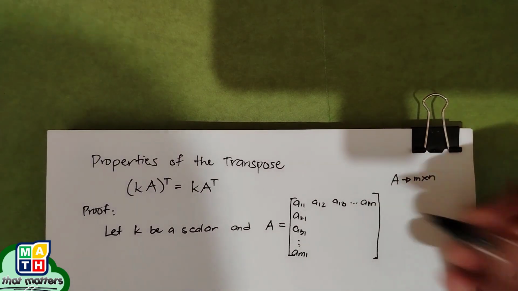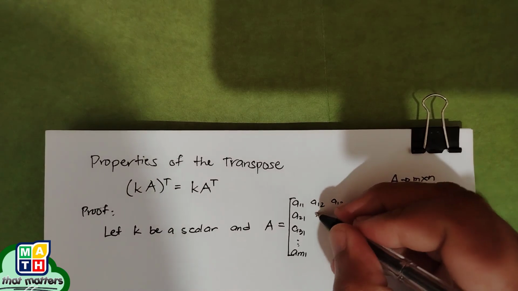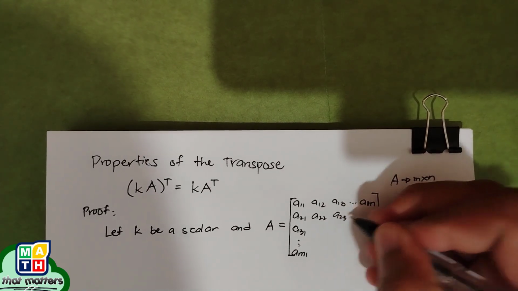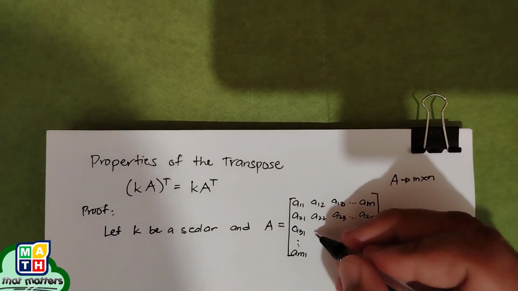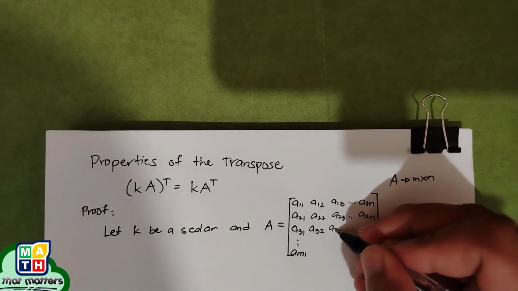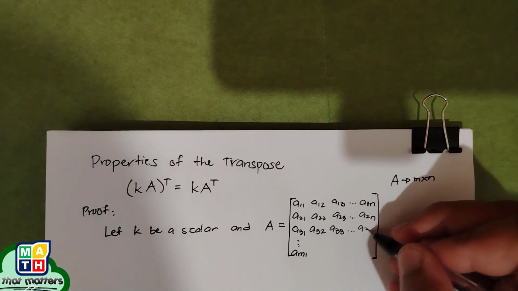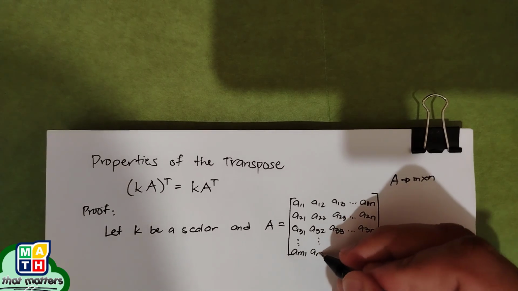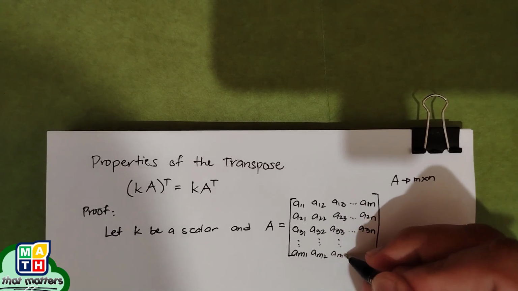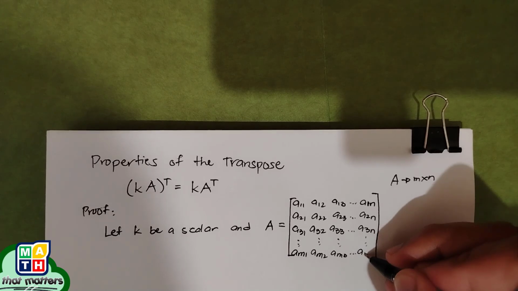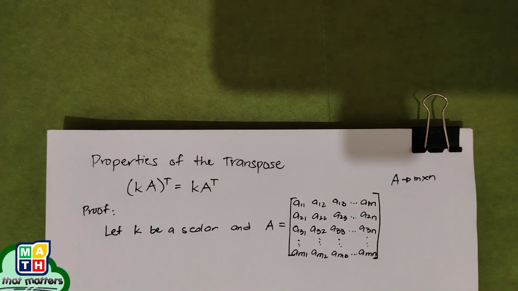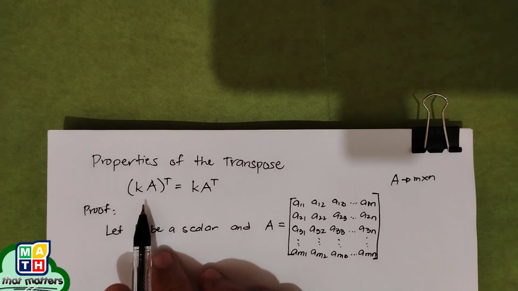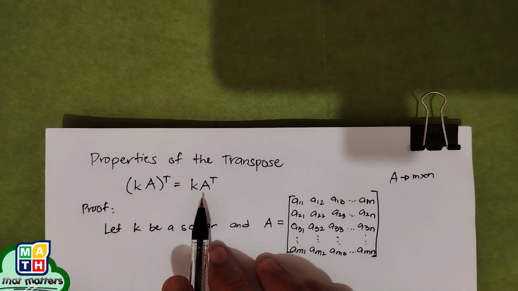As we complete this, you have A22, A23 dot dot dot A2n, A32, A33 dot dot dot A3n, and Am2, Am3 until Amn. This will be our matrix, and k is a scalar.